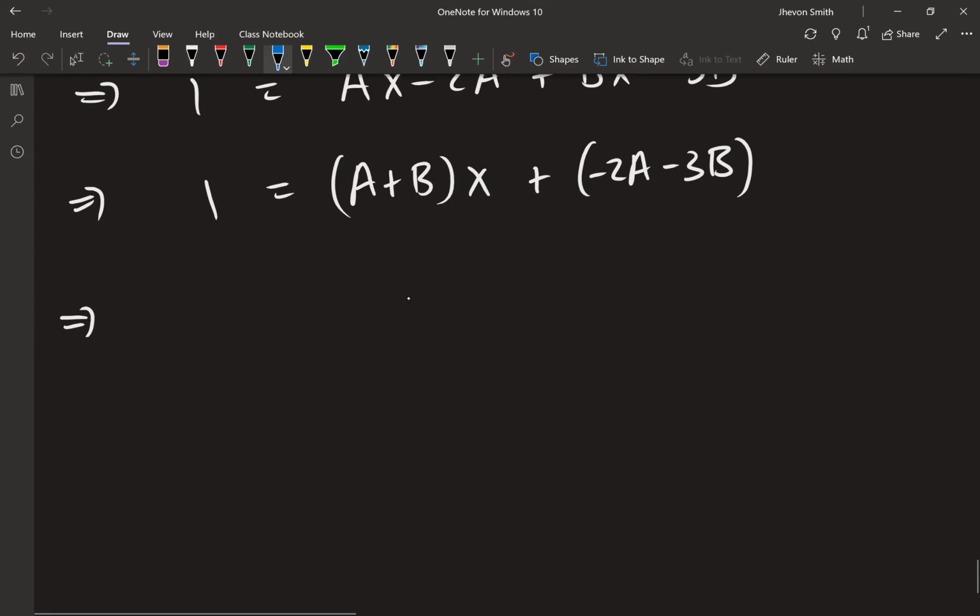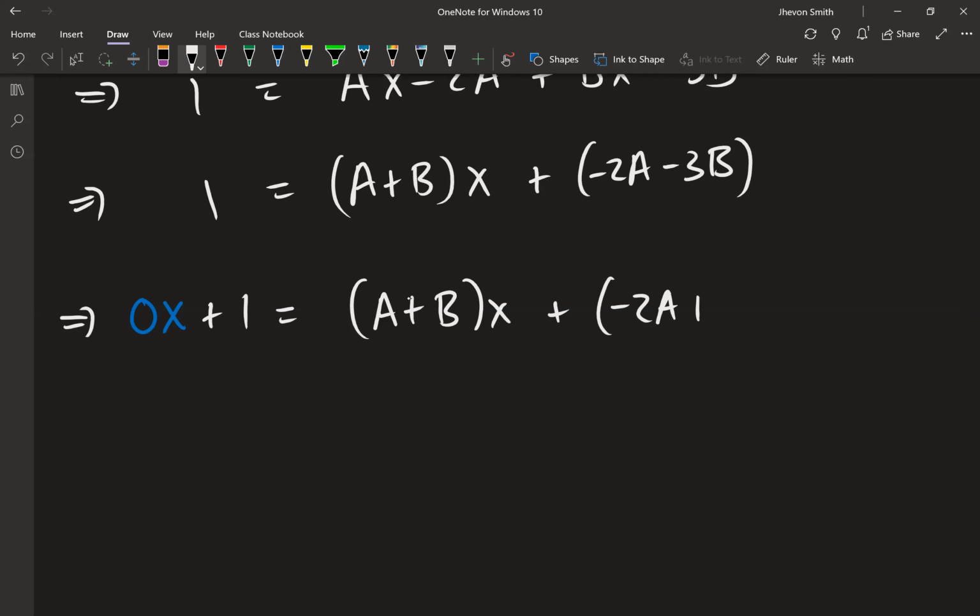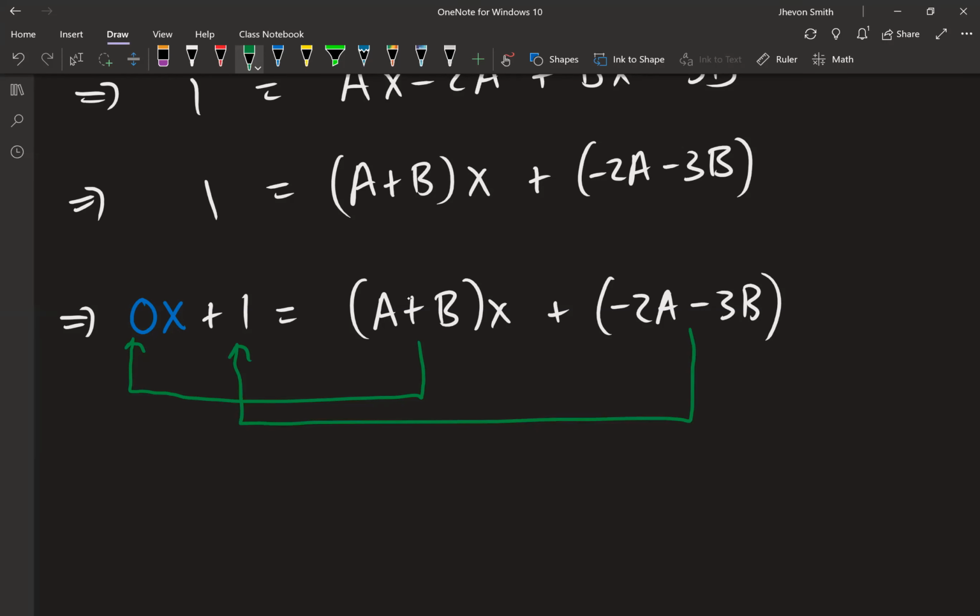Notice on the left side, I have 0x plus 1, while on the right side, I have (a plus b) x plus this. This means I can actually equate coefficients. The number of x's on the left must be equal to the number of x's on the right. The constant value on the left must be equal to the constant value on the right.